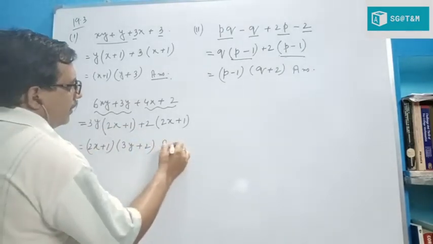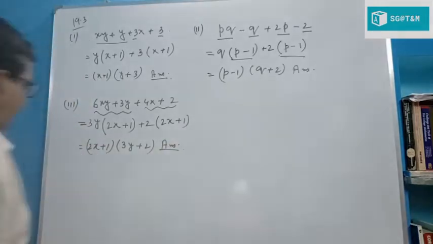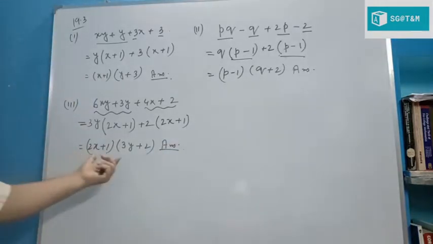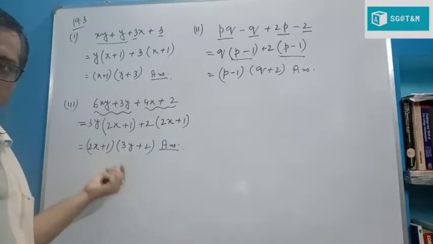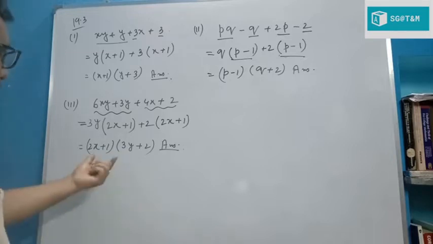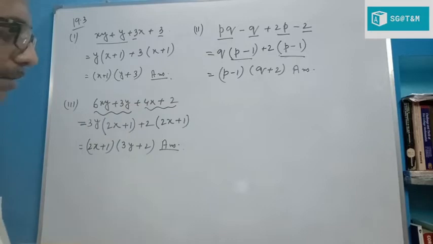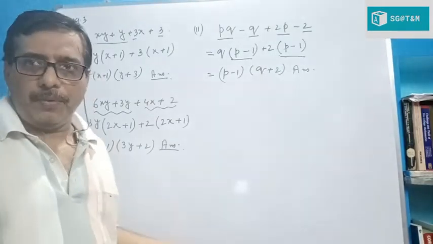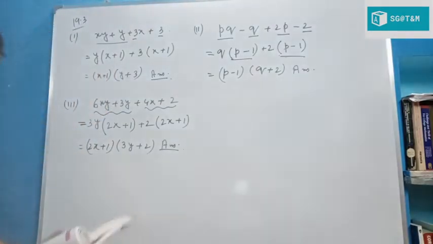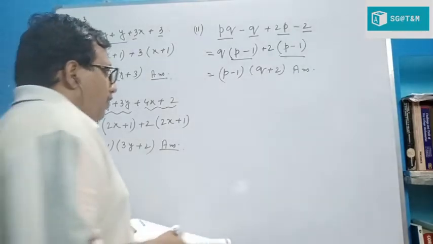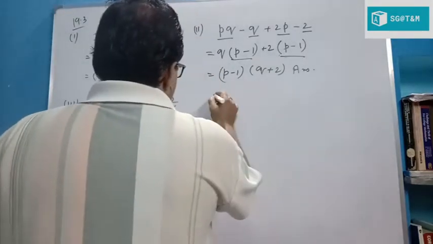This is the answer. For checking, you may multiply these two. Multiplication of algebraic expressions we have already done previously. If we multiply these two, you get this expression. That means factor is nothing but product form. So very easy.